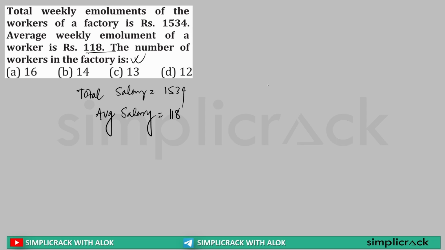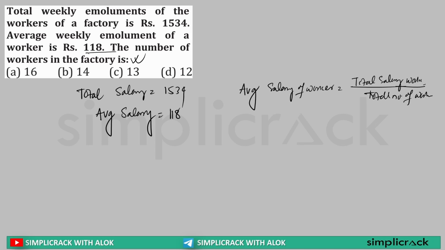Now understand this. If I am saying average salary of worker, what does this mean? Total salary of workers divided by total number of workers. Yes or no? Because this is sum of all observations divided by number of observations.